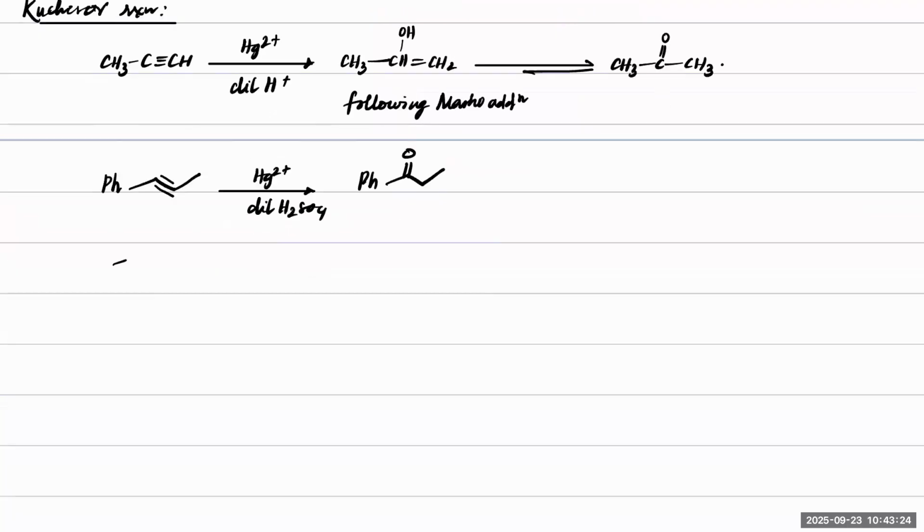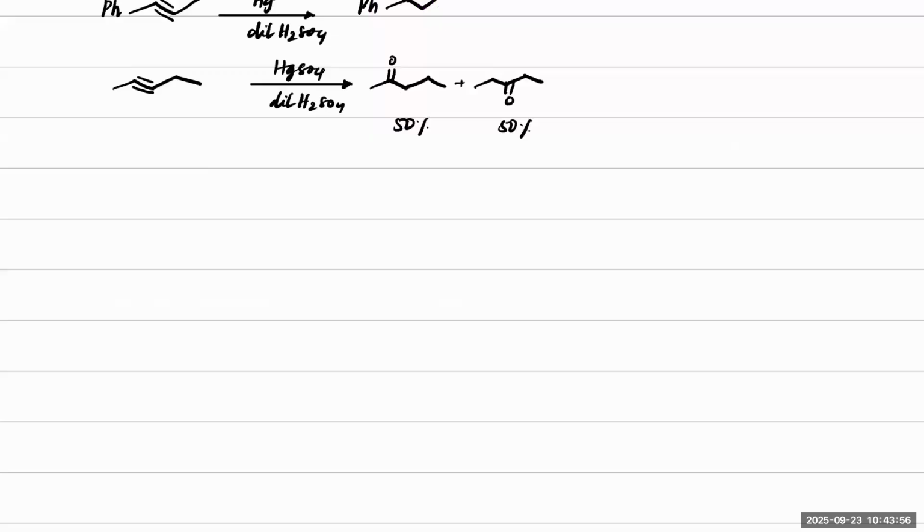But if you have a triple bond like this, where one side there is a methyl, one side there is an ethyl, and let's say I have given you HgSO4 and dilute H2SO4. In that case, chances of this ketone and chances of this ketone are almost 50-50 percentage. So here you cannot differentiate so much. Correct? So these two examples are important. Please make sure you're aware of this part. This is about Kucherov's reaction.